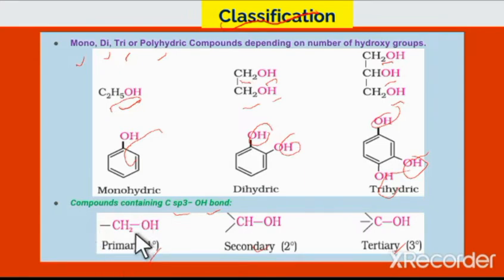In a primary alcohol, the OH bonded sp3 carbon is bonded with one more carbon. Whereas if the OH bonded carbon is bonded with two more carbons, it comes under secondary, and if it is bonded with three carbons, it comes under tertiary. This is the classification based on the number of carbons bonded to the OH bonded carbon, which undergoes sp3 hybridization.